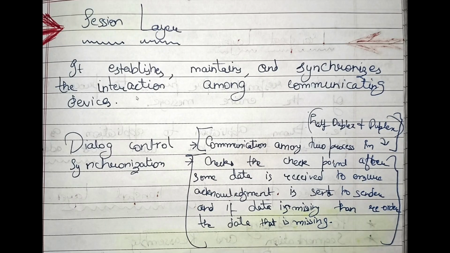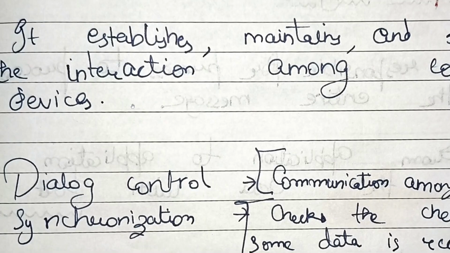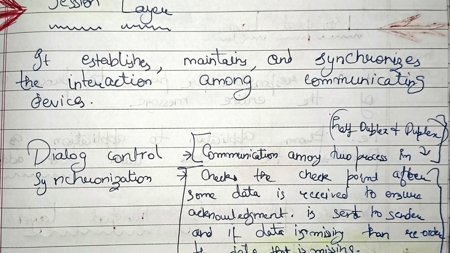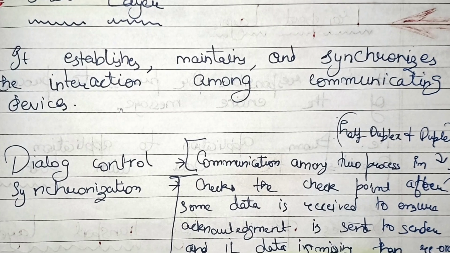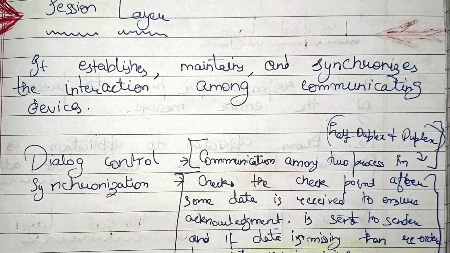Coming on to session layer, it establishes, maintains and synchronizes the interaction among communicating devices. Now dialog control is a thing that it does. There is communication among two processes in half duplex or duplex, so it's going to manage that. Then synchronization.